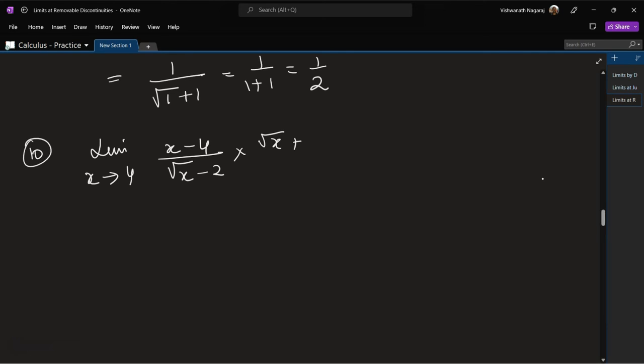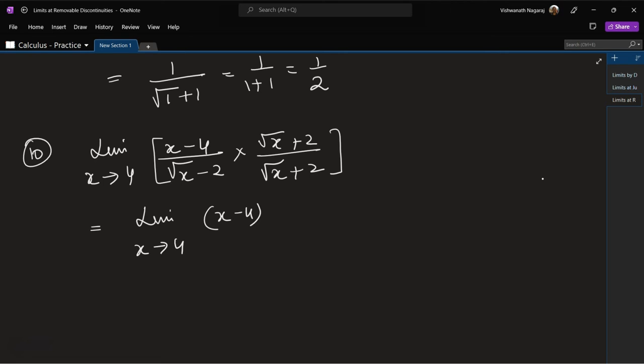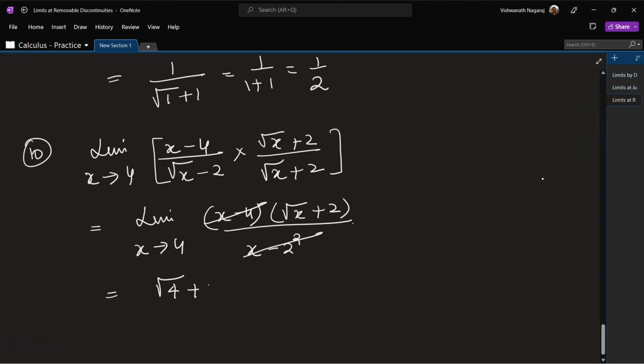So square root of x plus 2 by square root of x plus 2, which gives us the limit as x approaches 4 of (x minus 4) times (square root of x plus 2) by, this becomes square root of x squared minus 2 squared, and this is x minus 4. X minus 4 cancels out, and we are left with square root of x plus 2, and we can use direct substitution. So this becomes square root of 4 plus 2, which is 2 plus 2, which is 4.